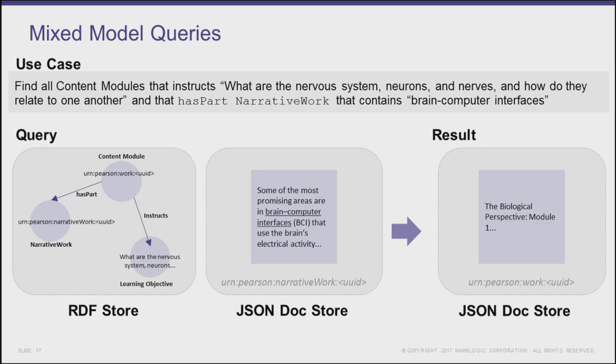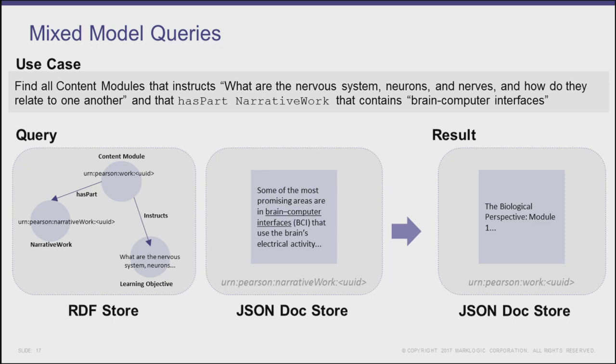So here, our query is to find all content models that instruct what are the nervous system, neurons, and nerves, and how do they relate to one another, that have a narrative work as part of their content, and that contain this text string, brain-computer interfaces. So this query looks at two different types of data.